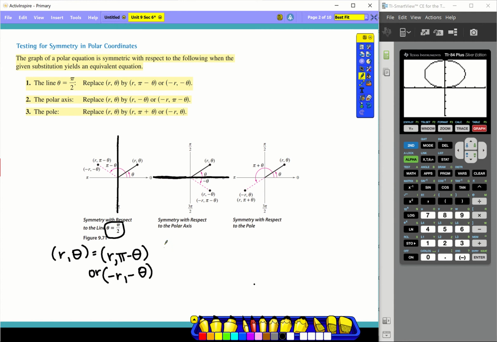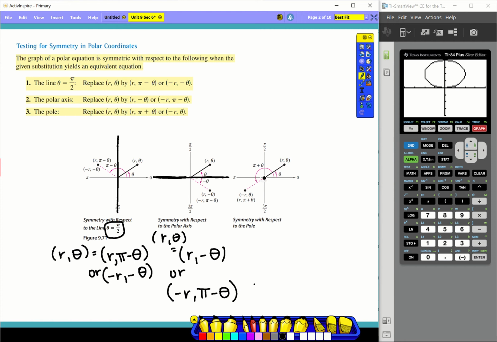So now I can have r, theta, and we'll get an equivalent equation if we use r, negative pi, or negative r, pi minus theta. Now symmetric with respect to the pole.